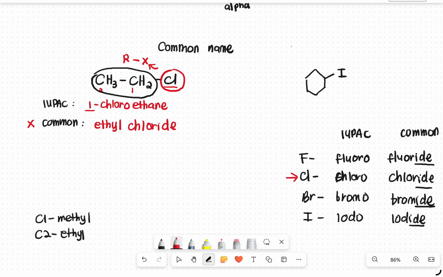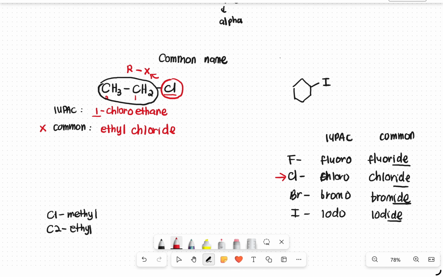Common has no numbering system. Remember, no numbering system. So you just identify how many alkyl groups are attached. If there are 2, for example ethyl and propyl, you have to use alphabetical order, which one comes first, E or P. So this is the IUPAC and common names.